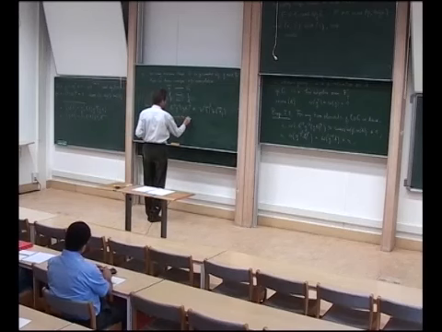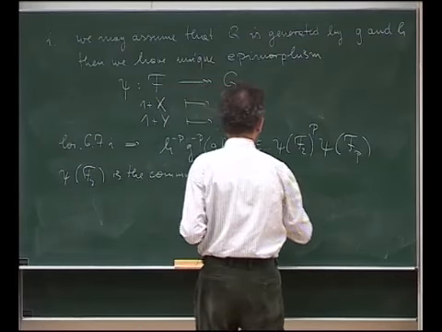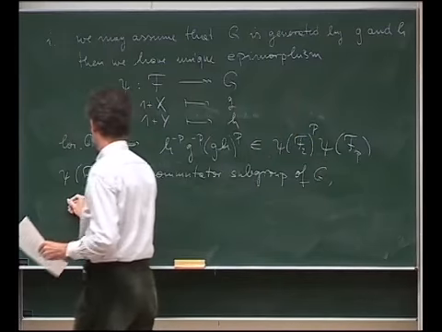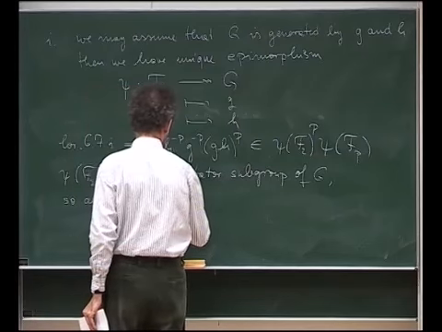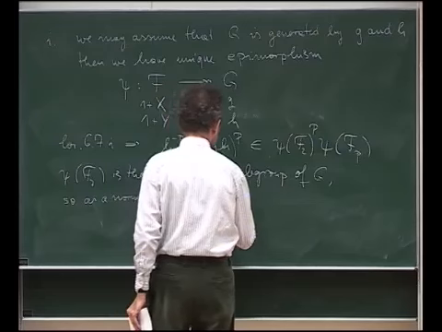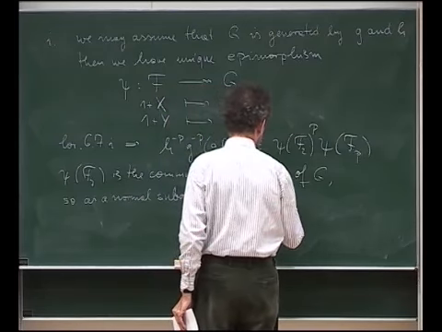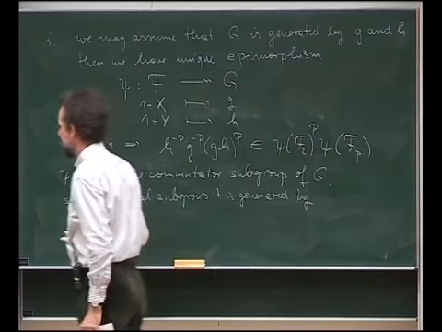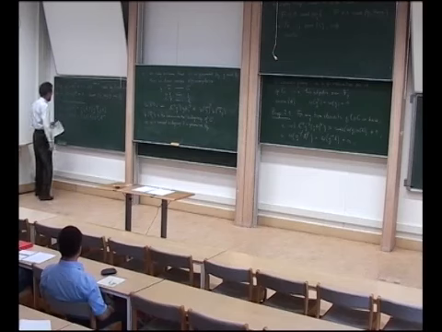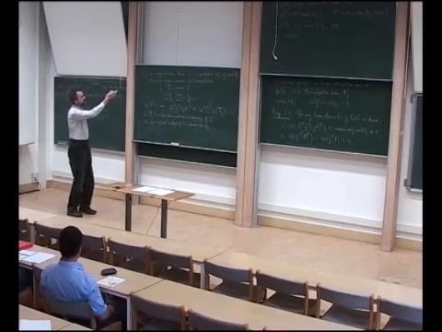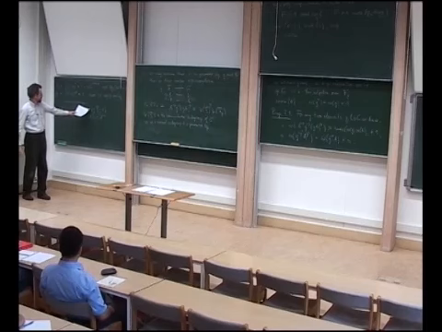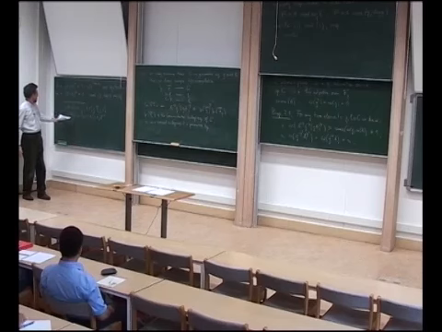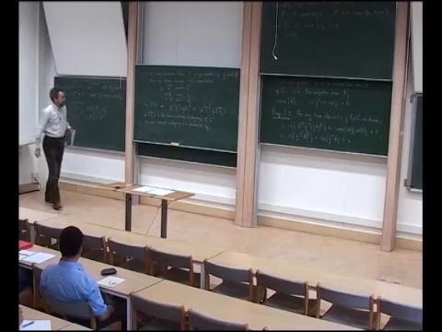Now, psi of F2 is the commutator subgroup of G. So, as a normal subgroup, it's generated by all the commutators, but if the individual elements I can write as products of G and H and G inverse and H inverse, then I can use those two identities to take them apart.